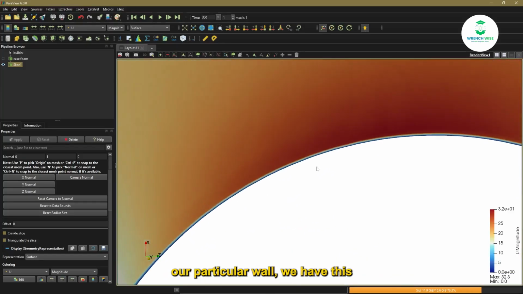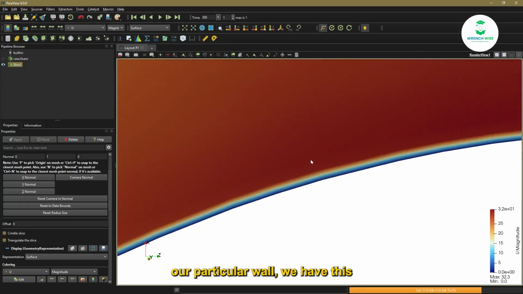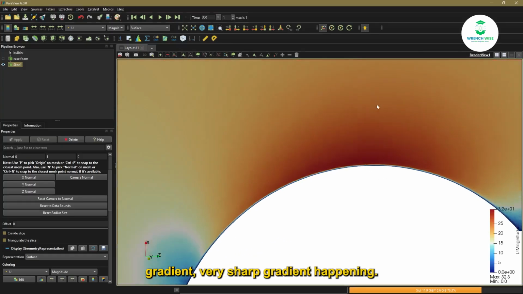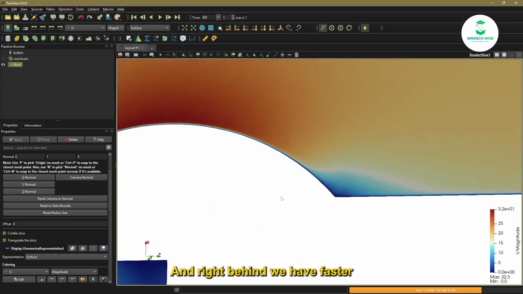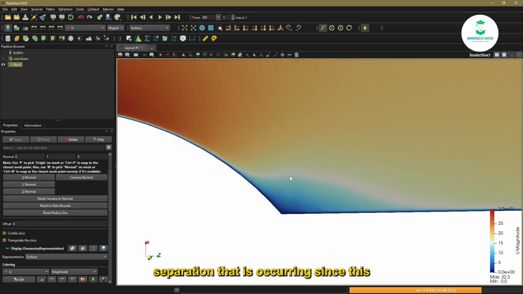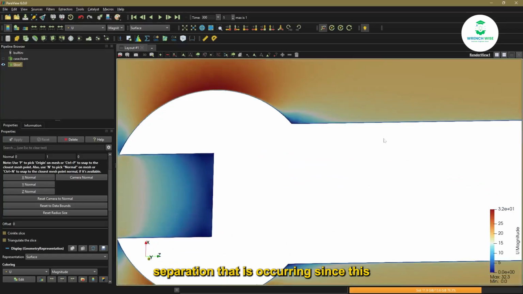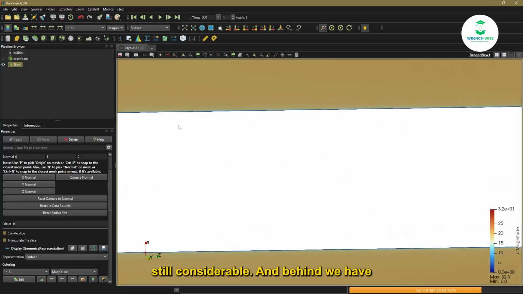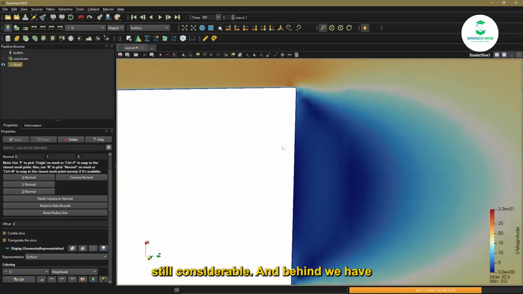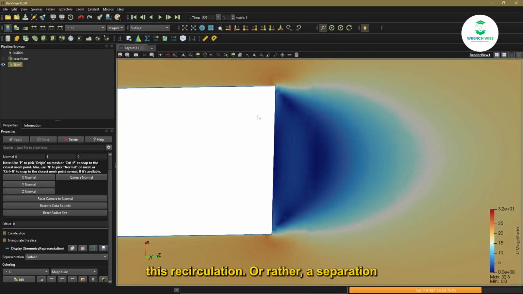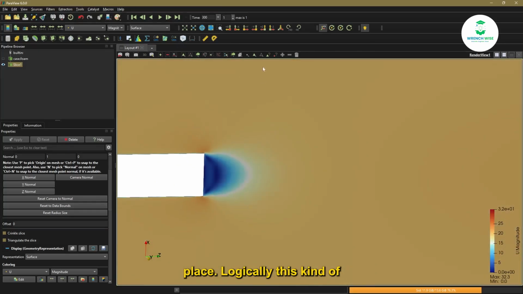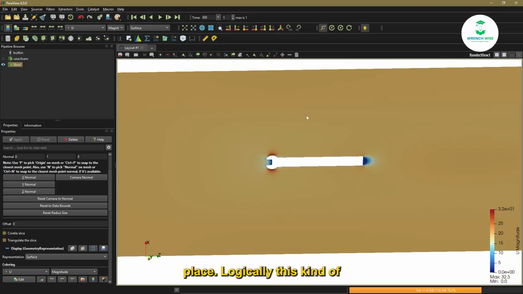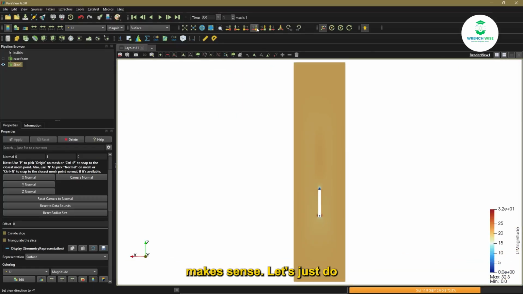Closest to our wall, we have a very sharp gradient, and right behind we have faster separation occurring. Since this is 20 meters per second, it's still considerable. And behind we have this recirculation, or rather this separation zone. So logically this makes sense.